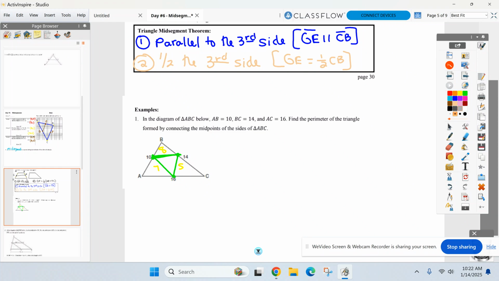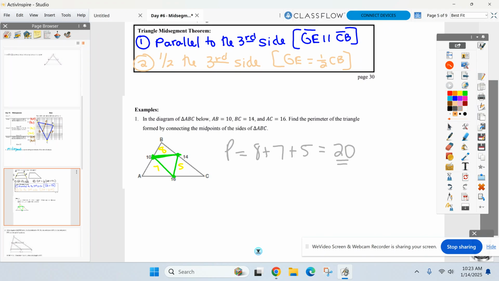So our perimeter, 8, 7, 5, is going to be 20 units.